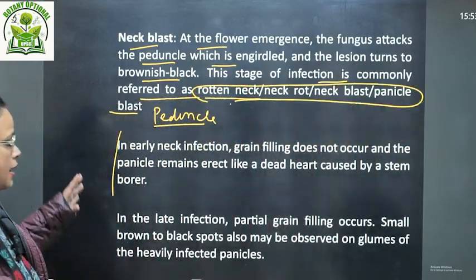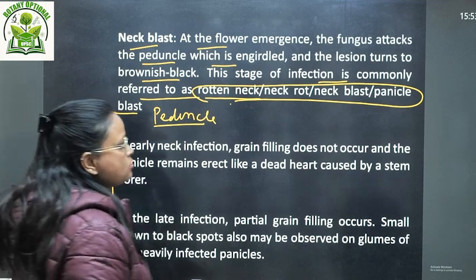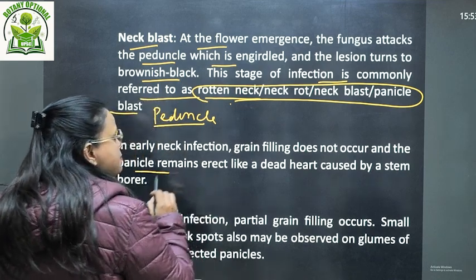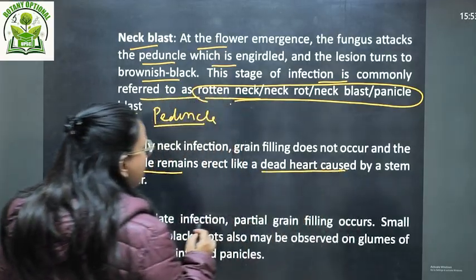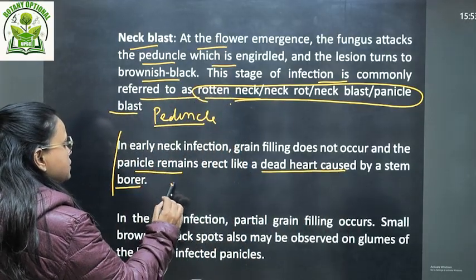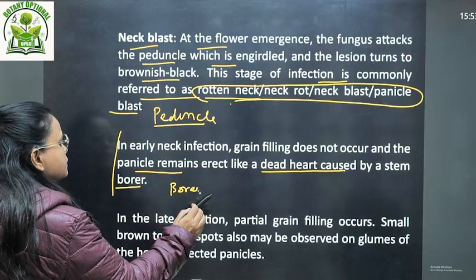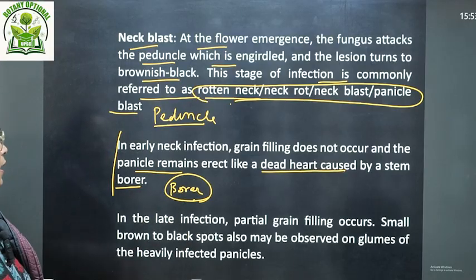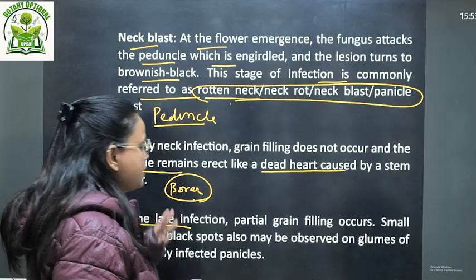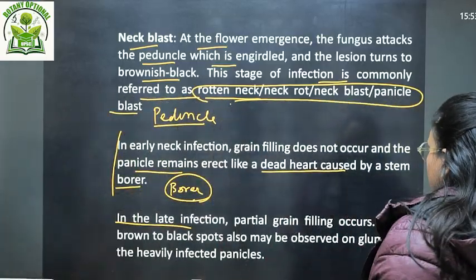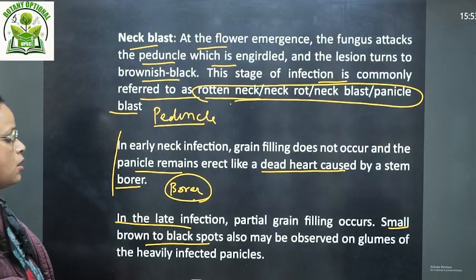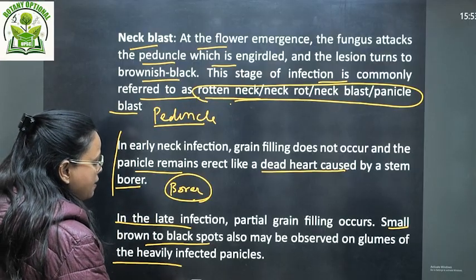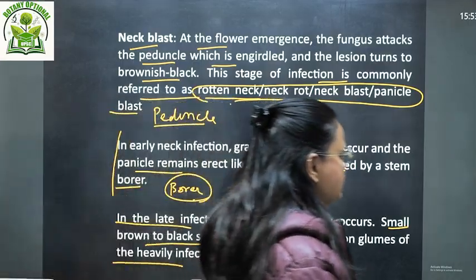In early neck infection, grain filling does not occur and the panicle remains erect like a dead heart caused by a stem borer. In late infection, partial grain filling occurs. Small brown to black spots may also be observed on glumes of the heavily infected panicles.